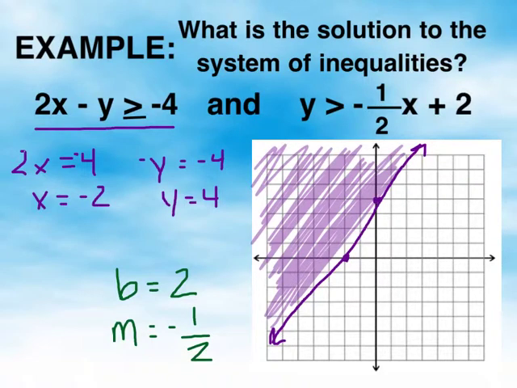So I'll start at 1, 2, and then I will go down 1 and right 2. Down 1 and right 2. This line will be a dashed line. And then it says greater than, so I will shade above that line.